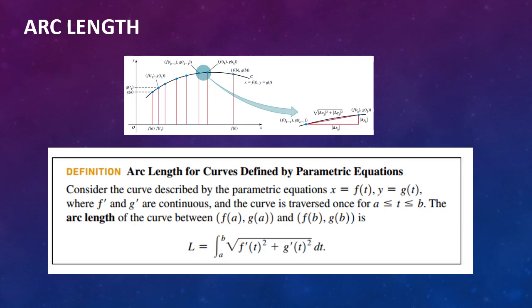And this means that we don't have a circle, etc., where we have different values. The arc length of the curve between f of a and g of a, and f of b and g of b, so these are the x and y values at a and the x and y values at b, is equal to the integral from a to b of the square root of f prime of t squared plus g prime of t squared.